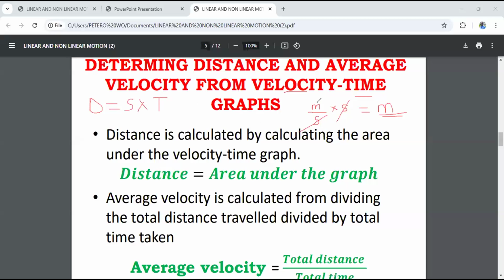So our speed is always in meters per second, and the time is in seconds. So the units that we'll be getting there will be meters. So for every area that we are going to be getting, our answer will be in meters.